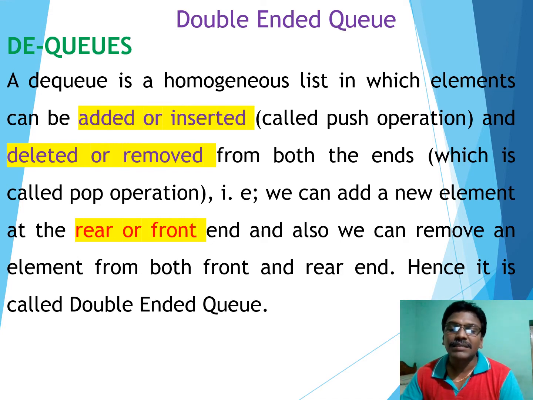The front can insert and delete, and at the same time the rear end can also perform insert and delete. That's why it is called a double-ended queue or DEQ.